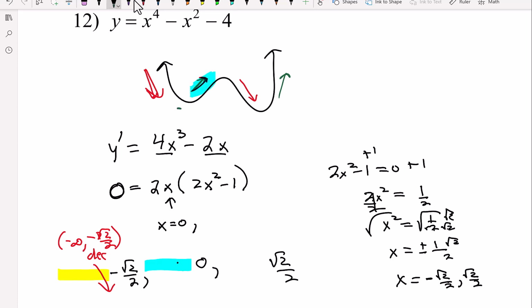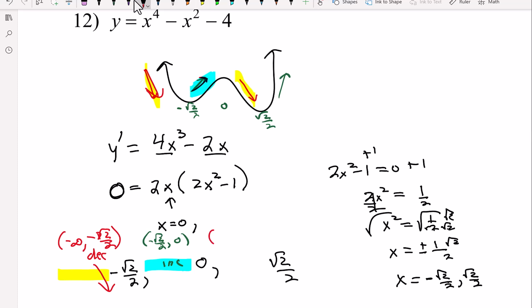let's put it this way. This is negative root 2 over 2. This is 0. This is root 2 over 2. So from negative root 2 over 2 to 0, we have increasing. And then we have another decreasing.